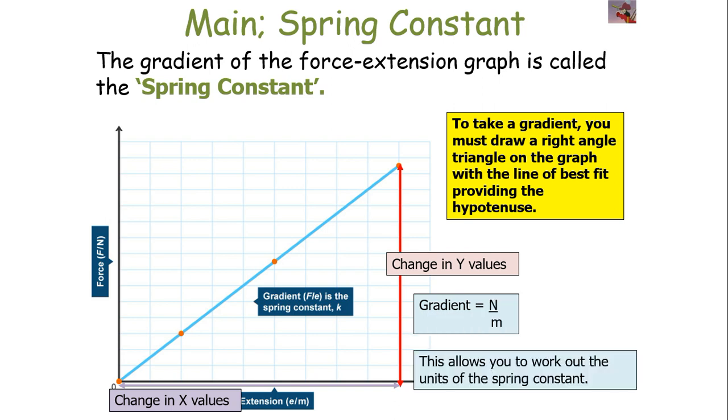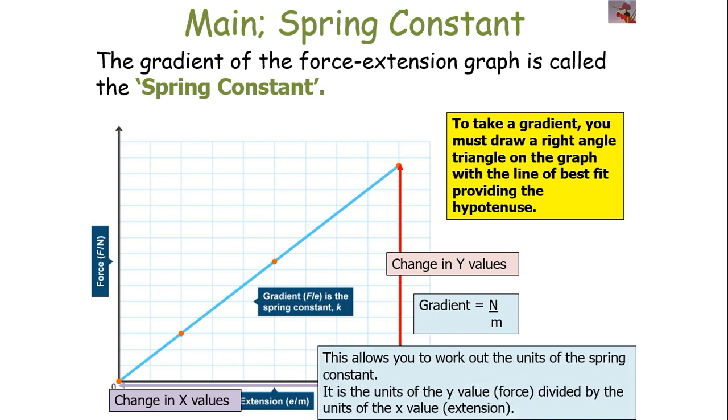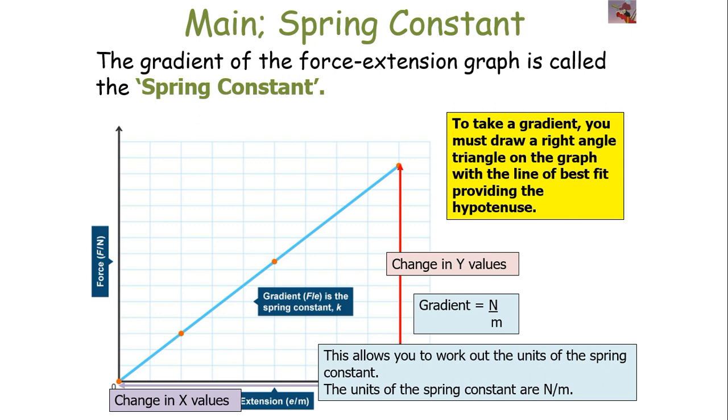Now it also allows you to work out the units of the spring constant because as we're doing change in y over change in x, the units are going to be the units of the y-axis, newtons, divided by the units of the x-axis, meters. So therefore, the units of the spring constant are newtons per meter.